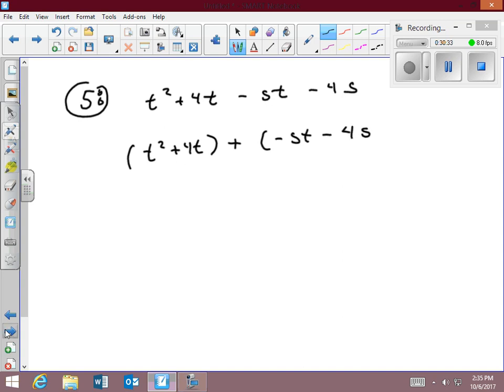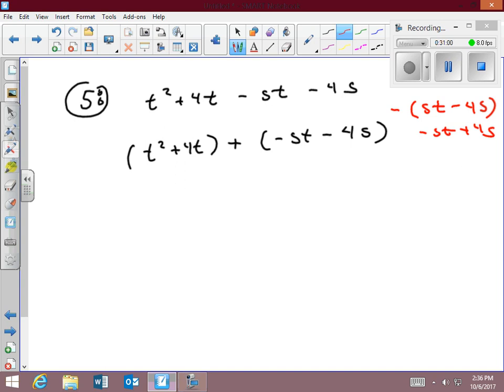inside the second group. Don't try to put a minus sign on the outside, because this is what you're going to end up doing. You're going to take that second group, put a minus sign, then go st, and go a minus 4s. And you see that's going to be wrong, because when you put the minus sign back through, it makes it minus st plus 4s. See what I'm saying?